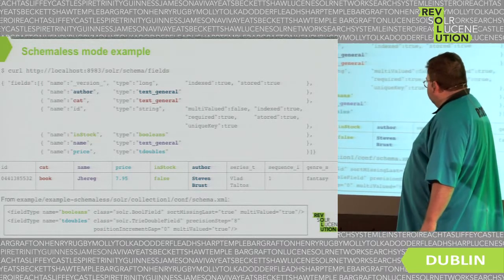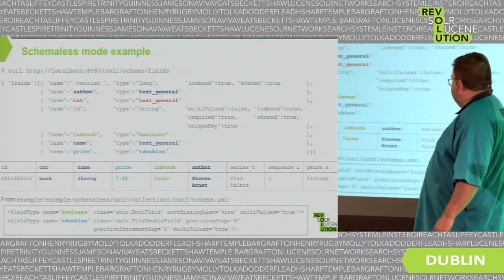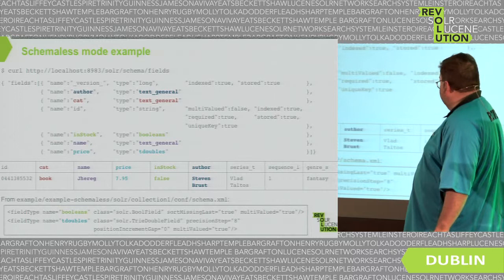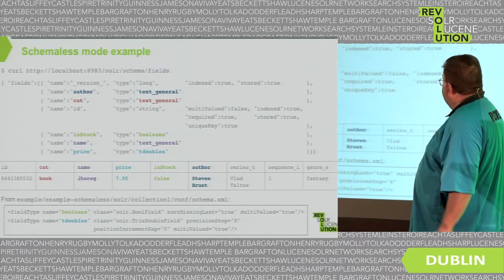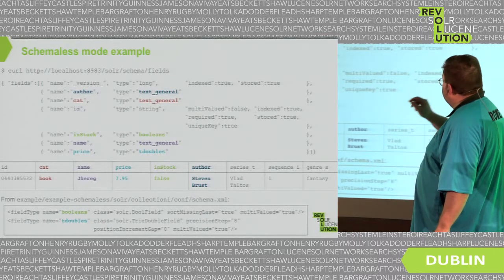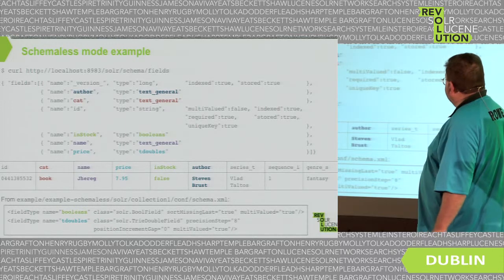But you can see here the field type definitions that come with the schemaless example. So Booleans and T-doubles for the in-stock and the price fields.